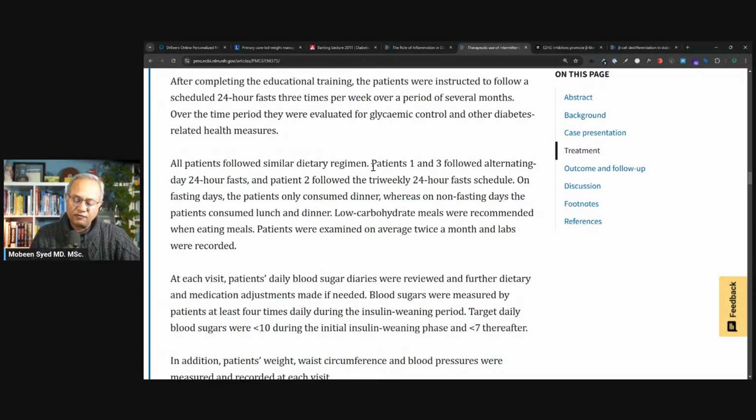Patients 1 and 3 followed alternating day 24-hour fasts, and patient 2 followed the tri-weekly 24-hour fast. Tri-weekly, just 3 days. On fasting days, the patients only consumed dinner, whereas on non-fasting days, the patients consumed lunch and dinner. Low carbohydrate meals were recommended when eating meals. Patients were examined on average twice a month in labs.